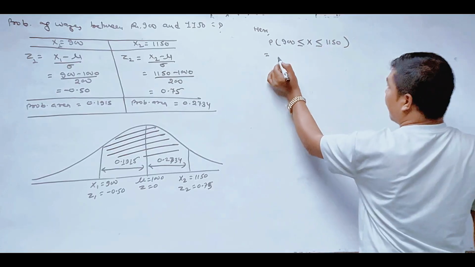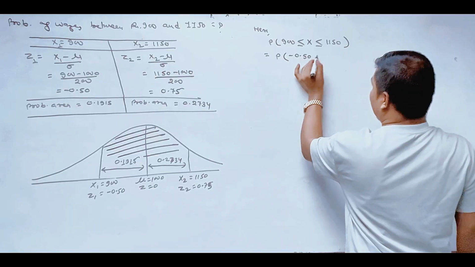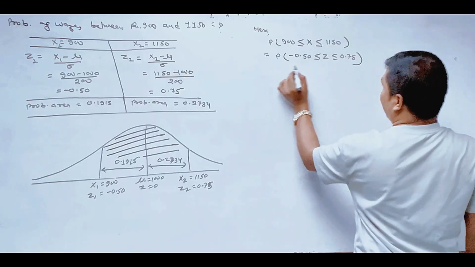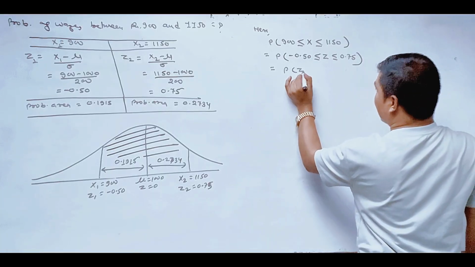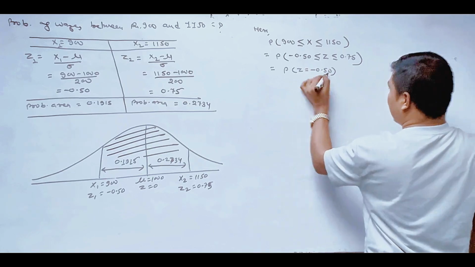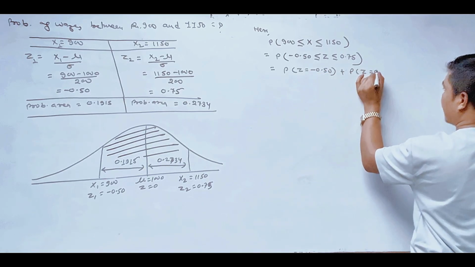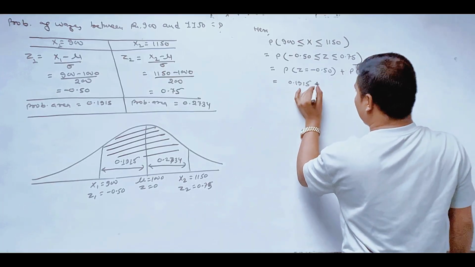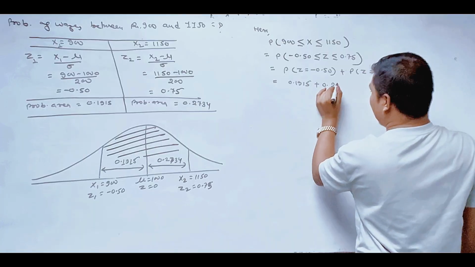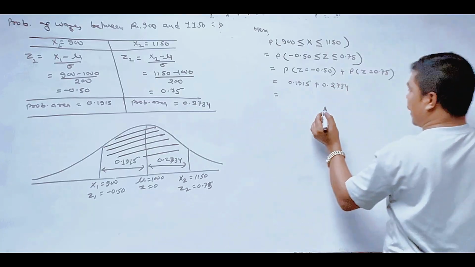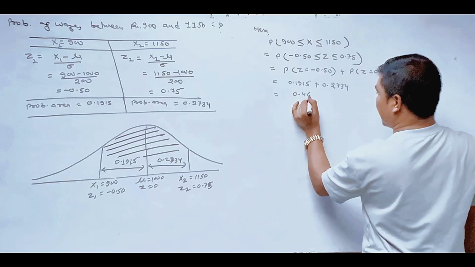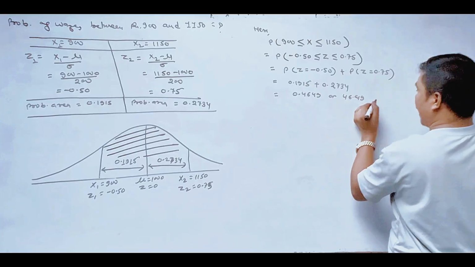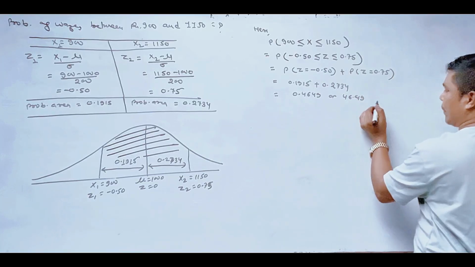It means P(-0.5 ≤ z ≤ 0.75) equals P(z = -0.50) plus P(z = 0.75), and the results we get are 0.1915 plus 0.2734. Combining both probability areas, we get 0.4649, or 46.49% of the total employees will have wages between 900 and 1150.